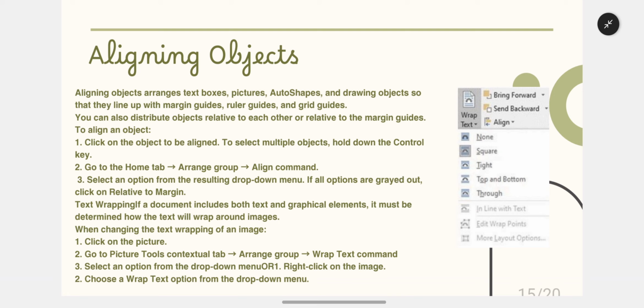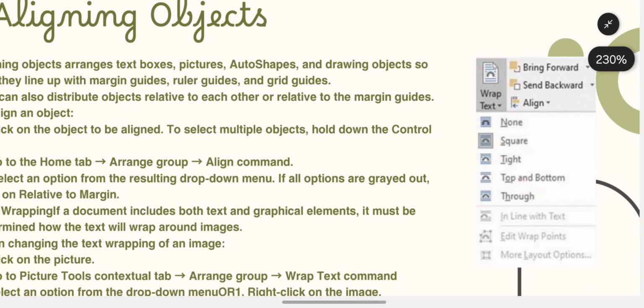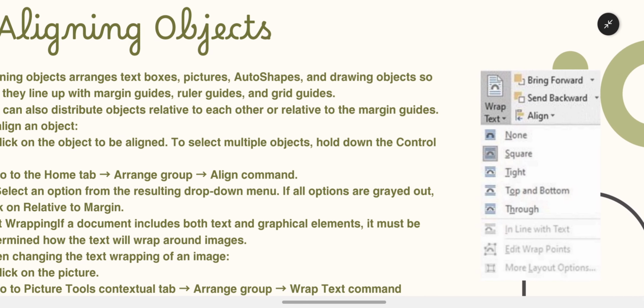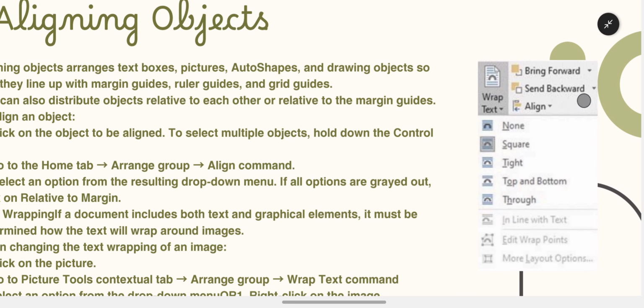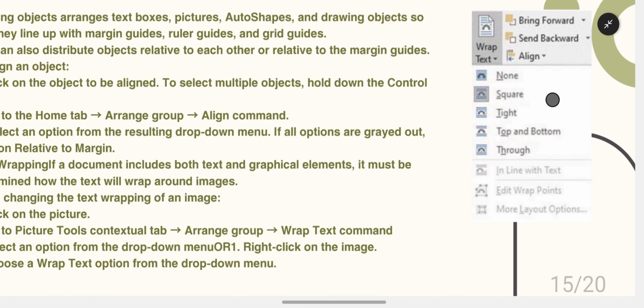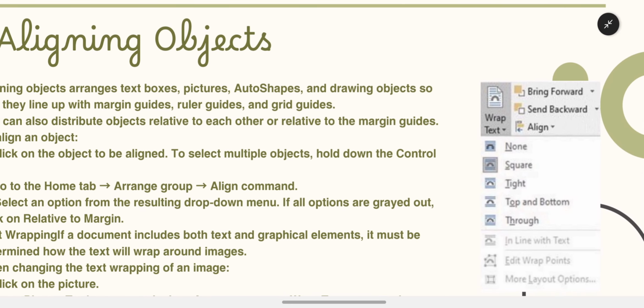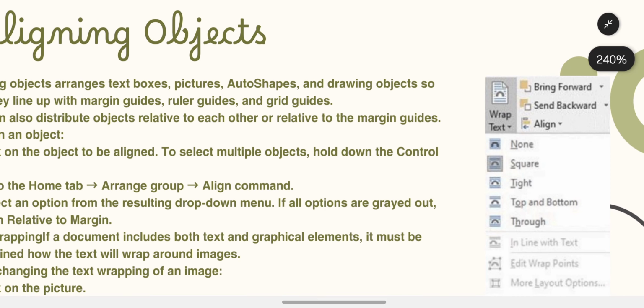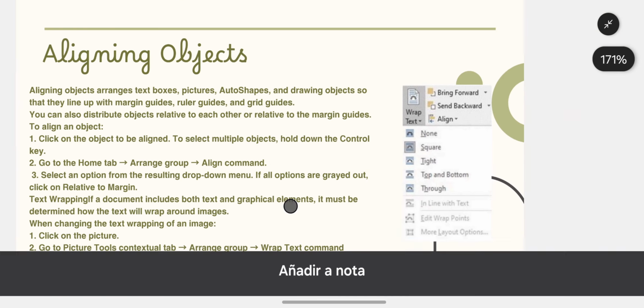Or right click on the image and choose Wrap Text options from the drop-down menu. Just like that: wrap text, bring forward, send backward, align, and so on. Those are the options for wrap text and bring forward.